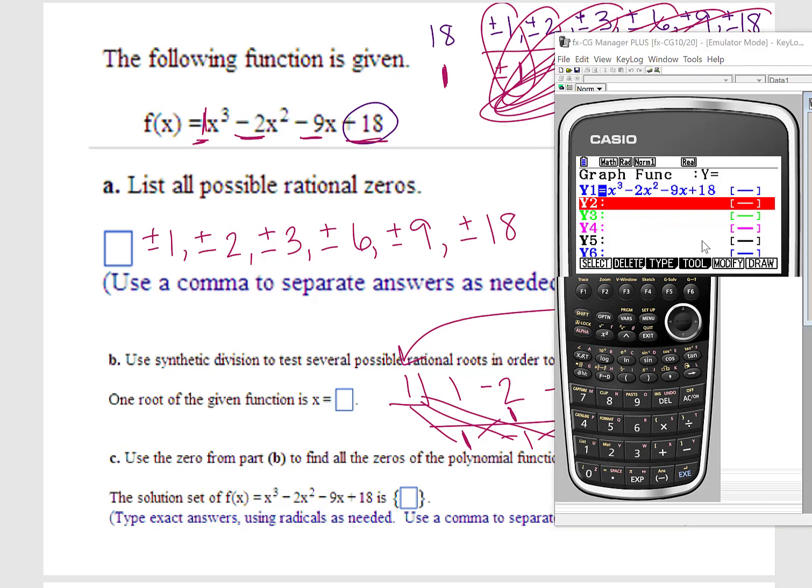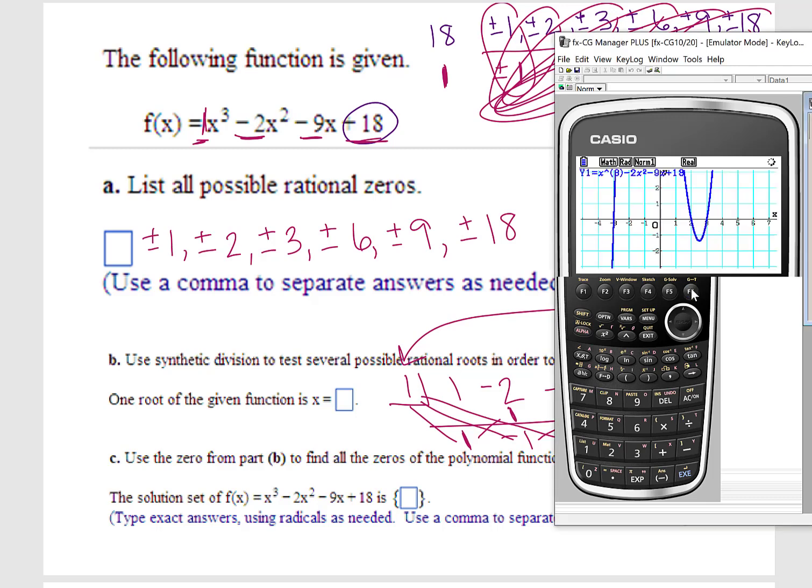Okay, got it typed in there, so I'm going to go ahead and press F6 to draw it out. Okay, definitely see some areas where it's passing through the x-axis. So G-solve, F5, F1 for root, and boom, it gives me x equals negative 3.